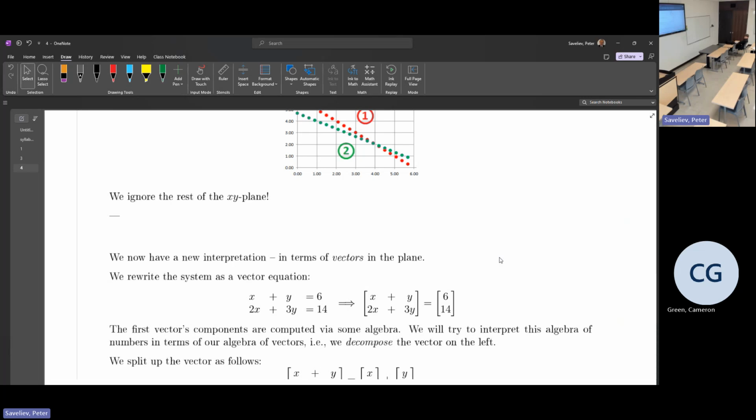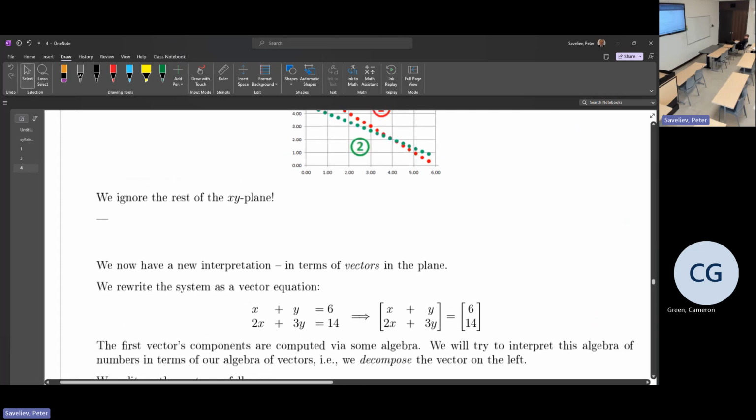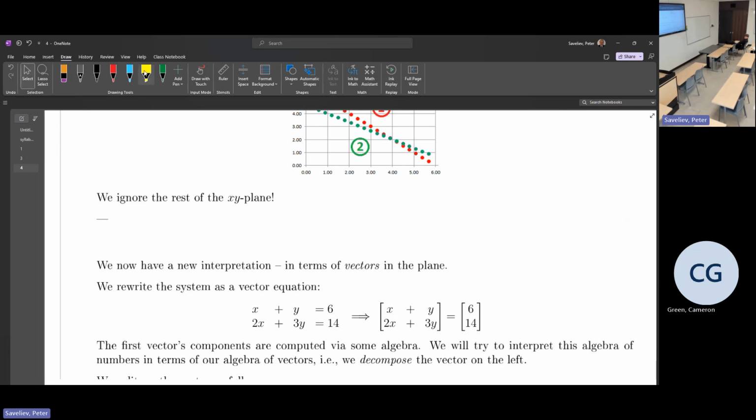My first step here is to realize that two equations, two equal signs, I convert into one. So these two converted into one. That's step number one. The left-hand sides of the two equations are combined together into one vector, and the right-hand sides are also combined into one vector. And then what does it mean? In fact, I could go both ways here.